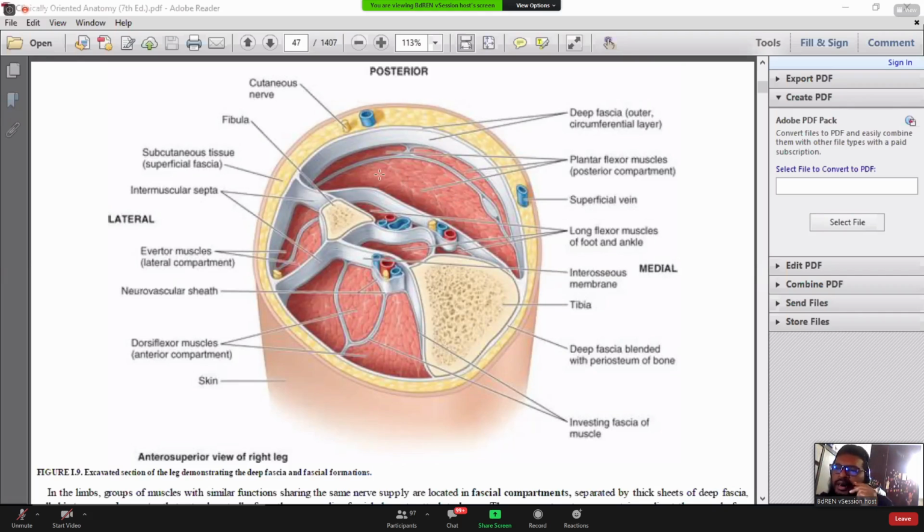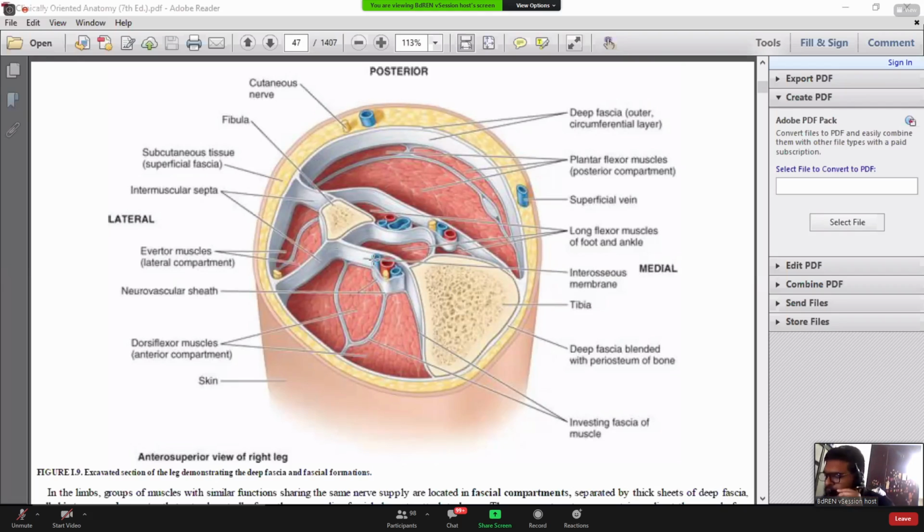That's why nature has segmented by the intermuscular septum the anterior, posterior, and lateral compartments, and all the muscles which act together for a common purpose are grouped in one compartment. The muscles which do another primary function are grouped in another compartment. This is for economy of energy and efficient contraction and functioning of the muscles, right? So these are the purposes of the intermuscular septum and compartmentalization.